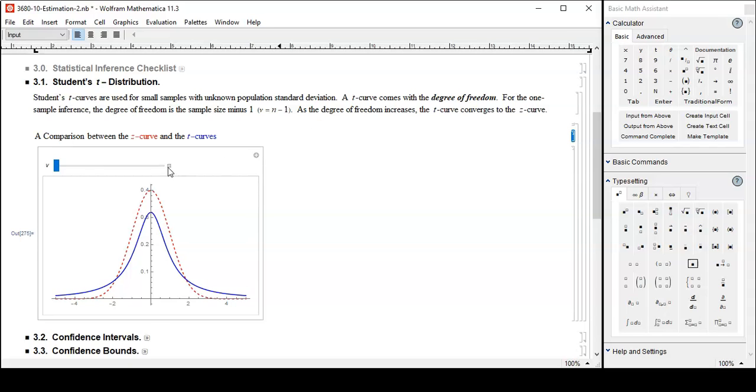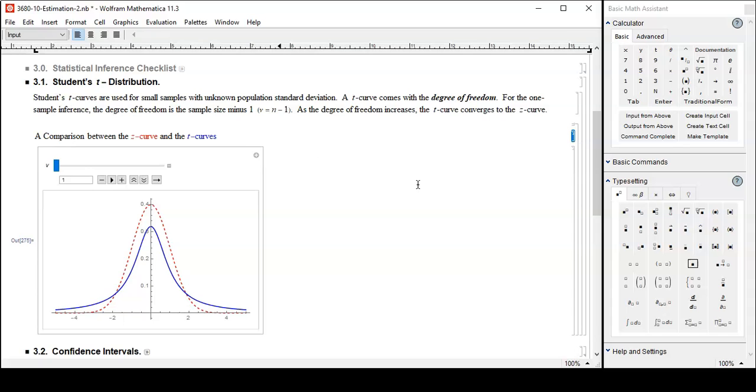So, here in this visualization, we have various degrees of freedom. Degree of freedom 1, so the sample size is 2. We have this curve. Nu is 2, and the blue curve went up a little bit. 3, 4, 5.